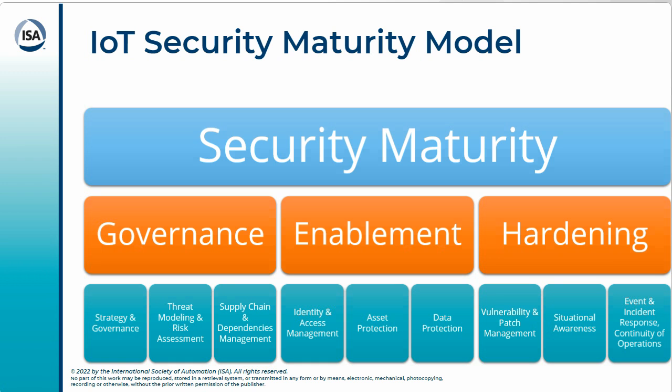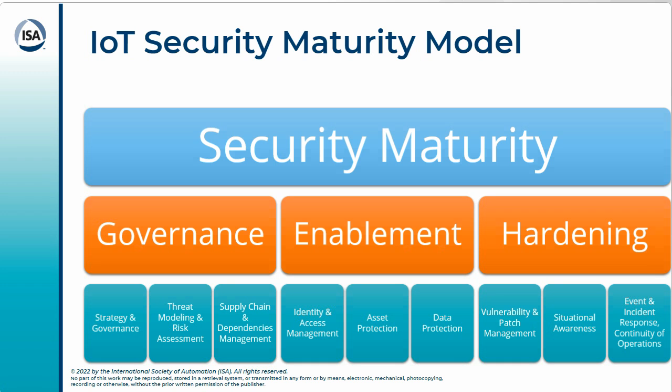Under governance, they've got strategy and governance, threat modeling and risk assessment, and supply chain and dependencies management. Within enablement, they've got identity and access management, asset protection, and data protection. And then they talk about hardening.